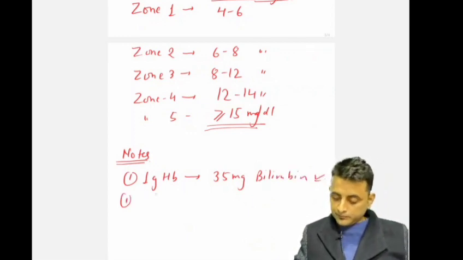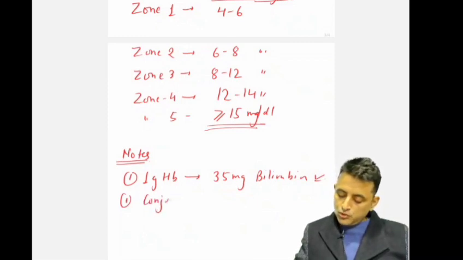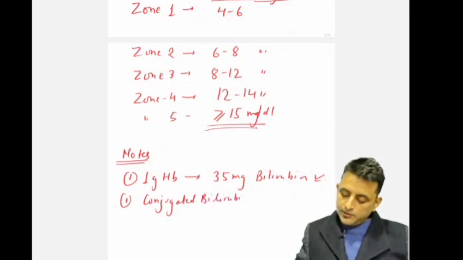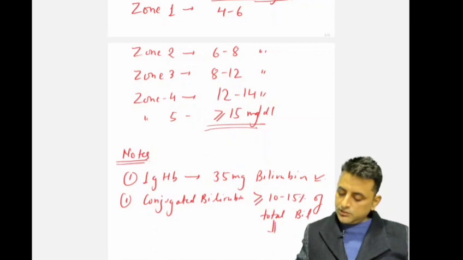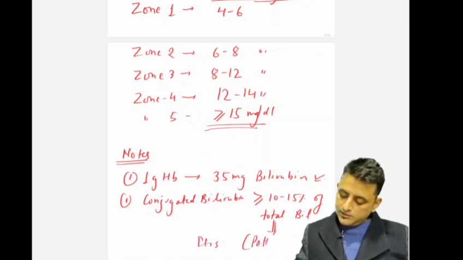And you also should know that if conjugated bilirubin is more than 10 to 15% of total bilirubin, then it is considered pathological. Okay.